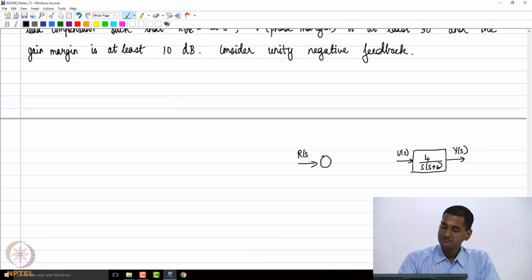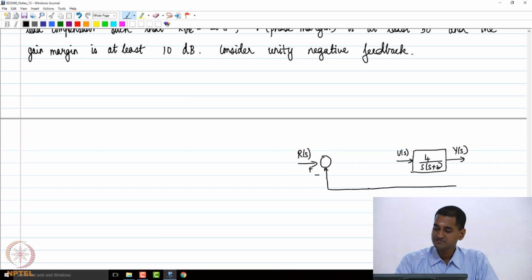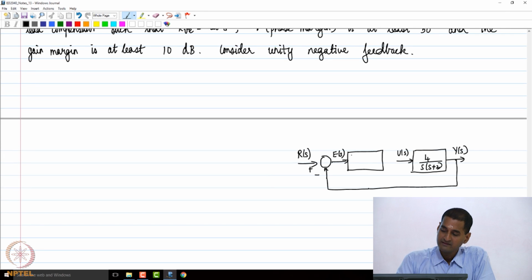This is R of S, the reference input. We have negative feedback, the feedback path transfer function H of S is 1, and then we need to design a lead compensator here. The transfer function of a lead compensator is Kc alpha times Ts plus 1 divided by alpha Ts plus 1.